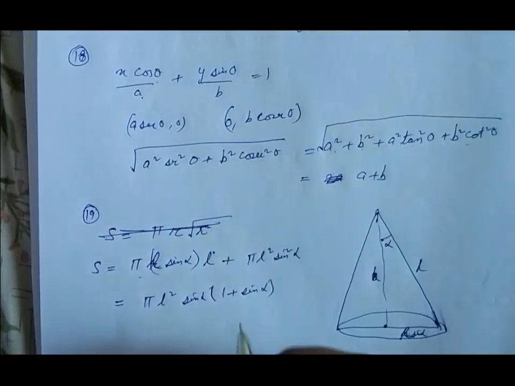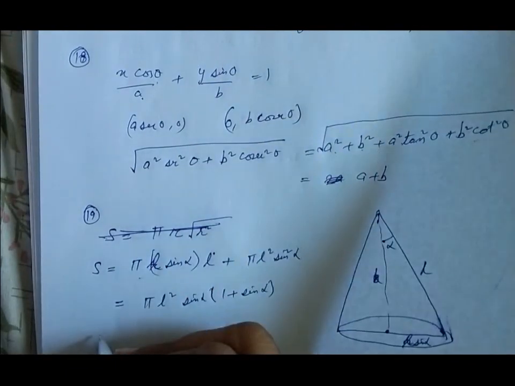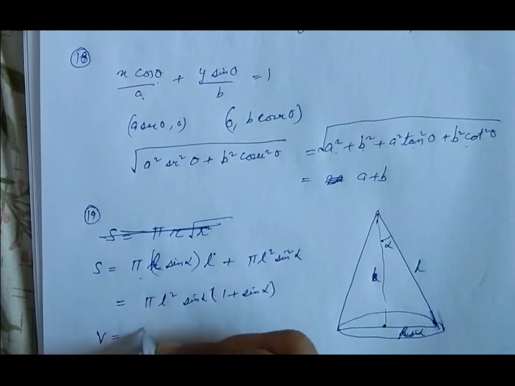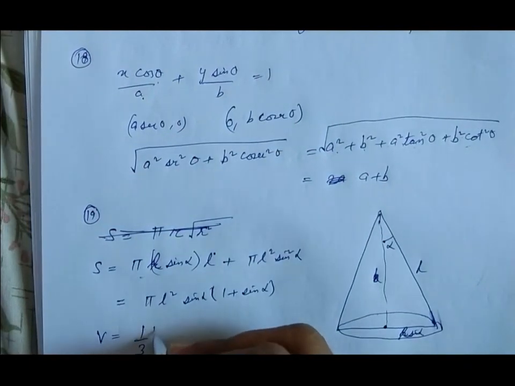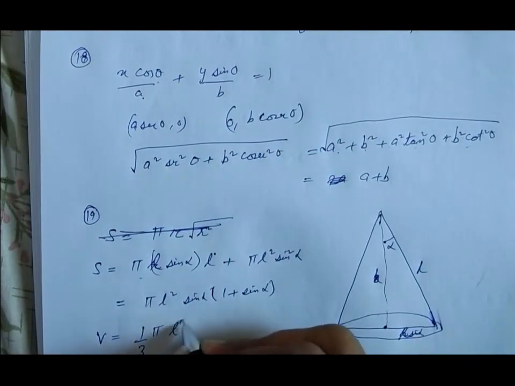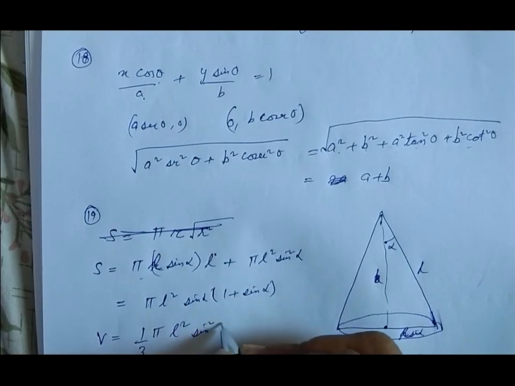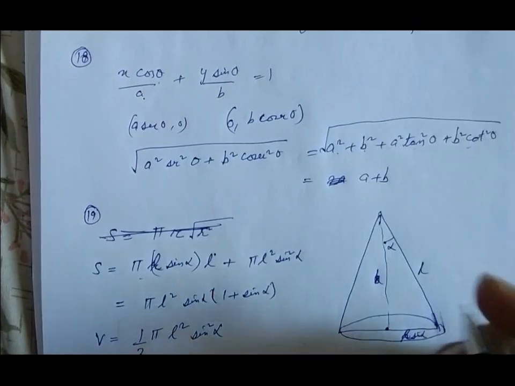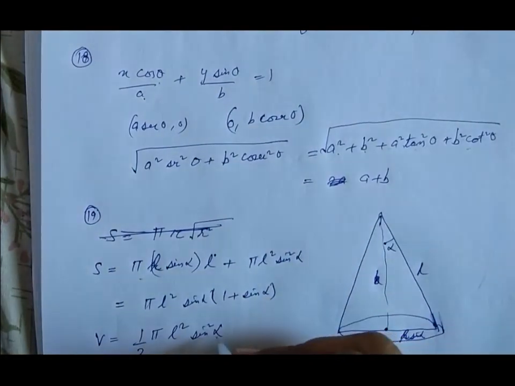And what we need to do is maximize the volume. So volume would be 1 by 3 pi r square h, and h would be l cos alpha.